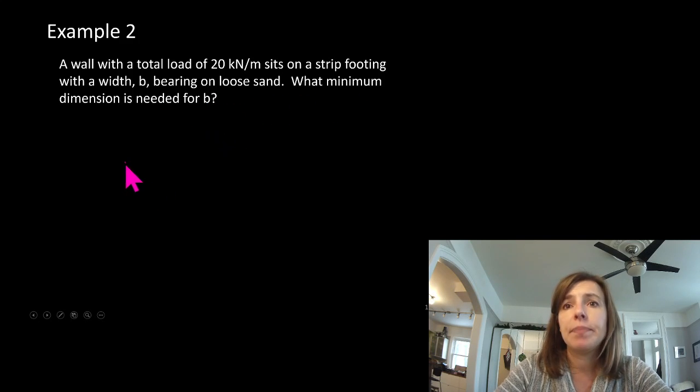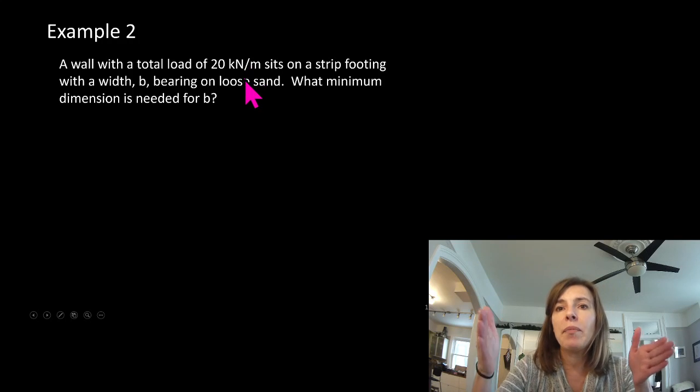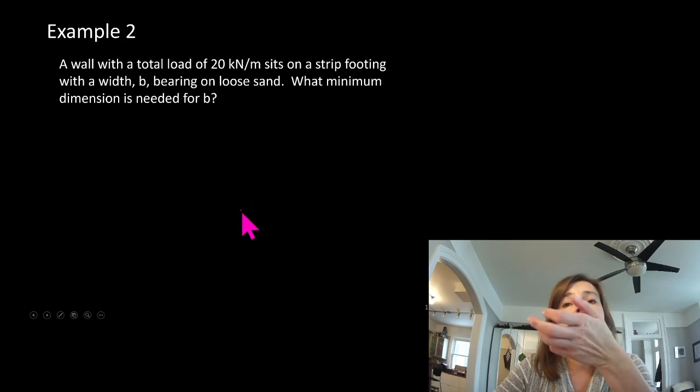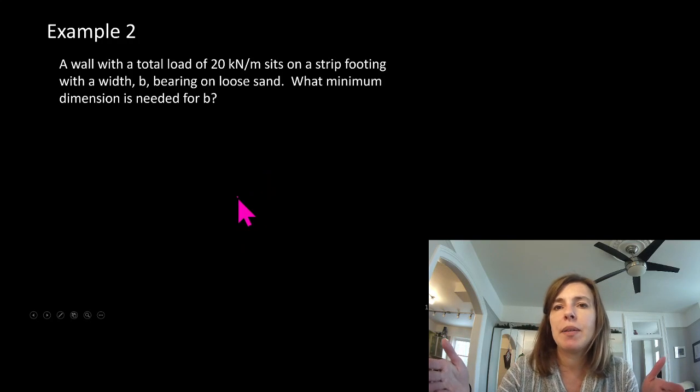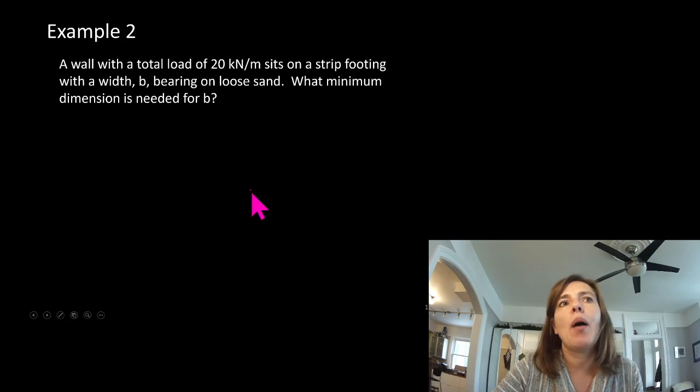Well, we know that B equals P divided by A. P, they've given us 20 kilonewtons per meter. So if this was 1 meter of wall, we've got 20 kilonewtons. Area, we know it's B times some dimension. Well, what if we also picked 1 meter? That would be kind of easy.